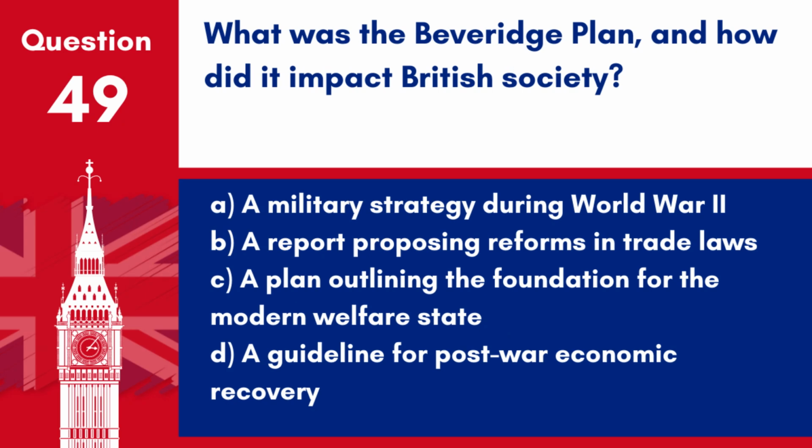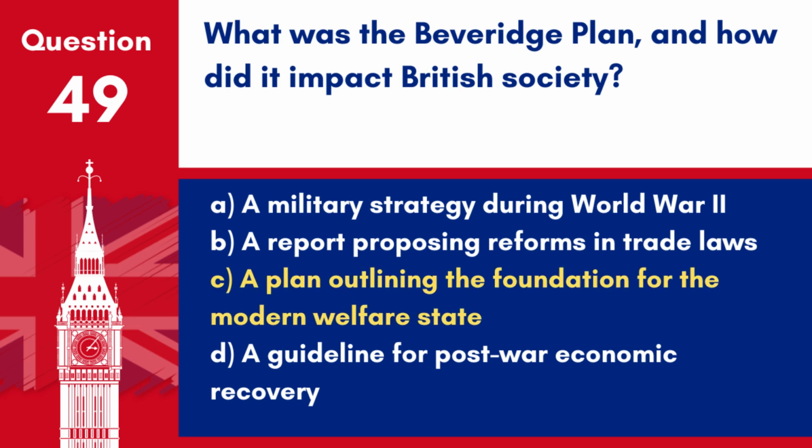Question 49. What was the Beveridge Plan, and how did it impact British society? A. A military strategy during World War II. B. A report proposing reforms in trade laws. C. A plan outlining the foundation for the modern welfare state. D. A guideline for post-war economic recovery.